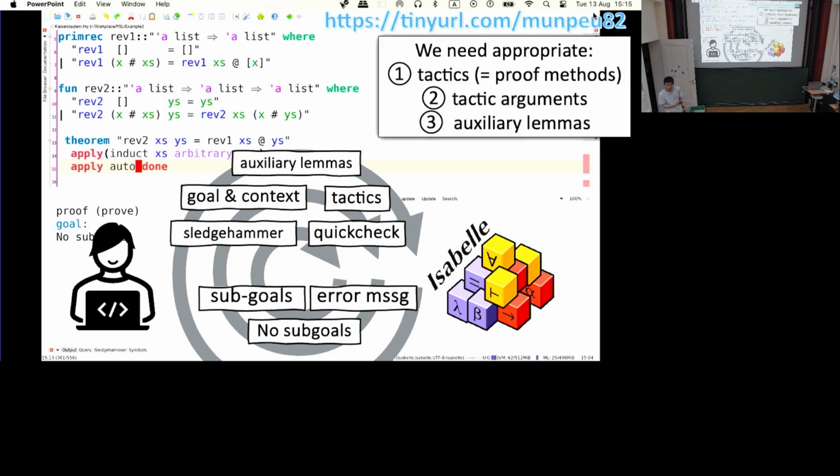So essentially, the enterprise of finding a proof script boils down to 3 tasks. The first task is to find the right tactic. In the Isabelle community, they're called proof methods, but they are basically the same thing. We also have to identify the right arguments we should pass to each tactic. And sometimes we have to come up with auxiliary lemmas.